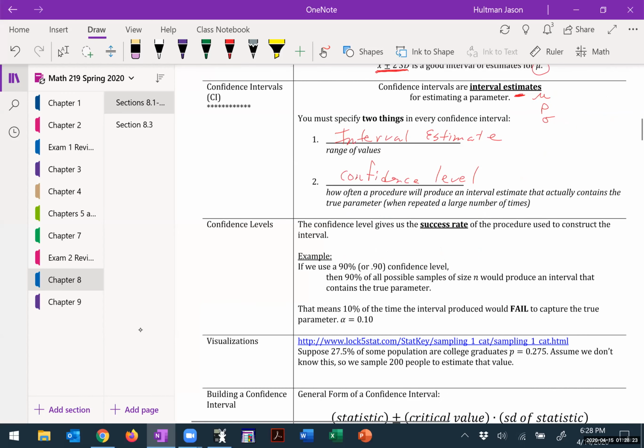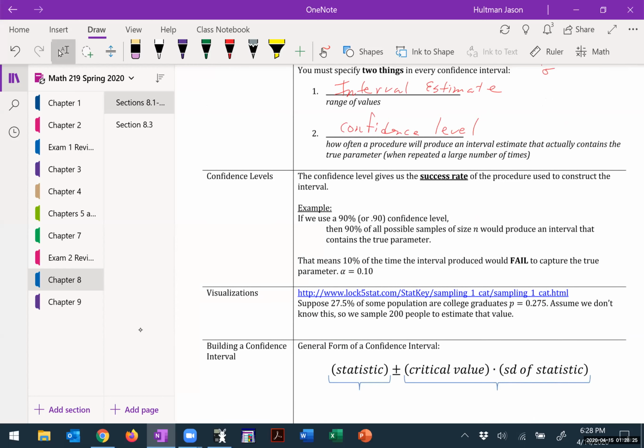Okay, confidence levels. Confidence level is the success rate of the procedure used to construct the interval. For example, if we use a 90% or 0.90 confidence level, then 90% of all possible samples of size n would produce an interval that contains the true parameter.